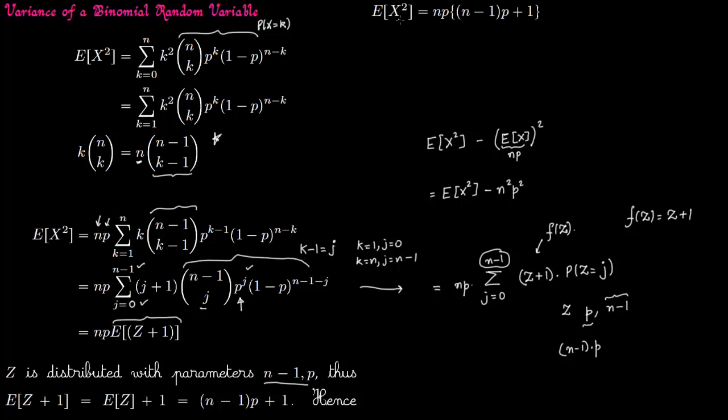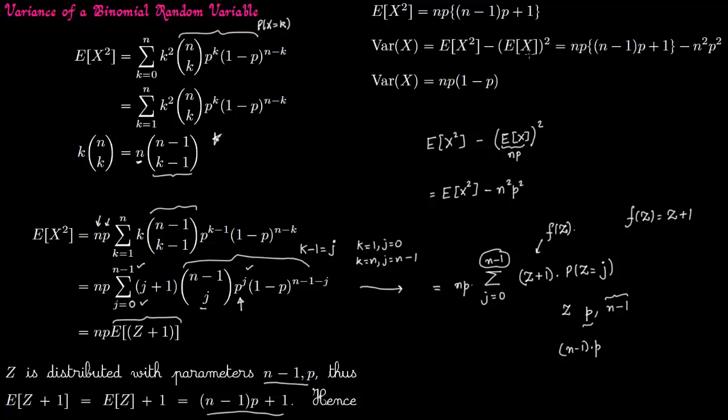So expectation of x square becomes np times (n minus 1)p plus 1. Now you plug in the formula. So you know that expectation of x is np, because x was binomial with parameters n and p. Z is binomial with parameters n minus 1 and p, so its expectation is (n minus 1)p.